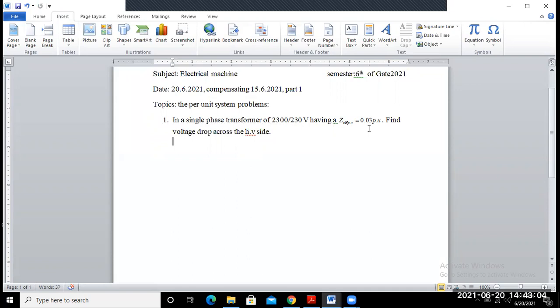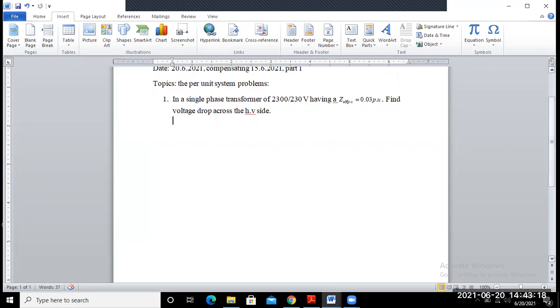If you remember, in the equation, Z equivalent on either the LV side or HV side in per unit is equal to the voltage drop at the rated voltage.